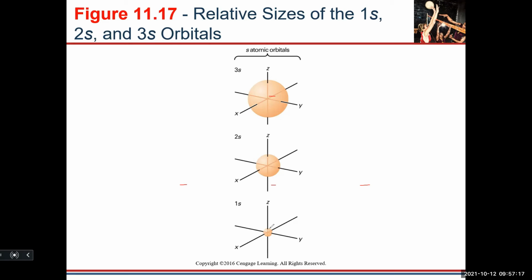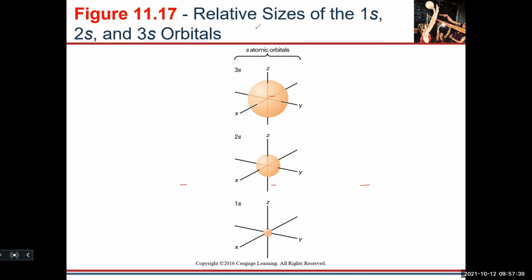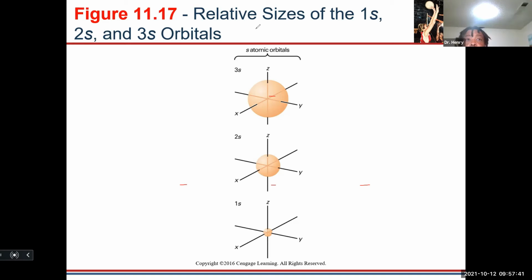So 1s would fit inside of the 2s, the 2s would fit inside of the 3s, and the 3s would fit inside of the 4s. It's just like another layer added on. Doesn't that doll get bigger the more layers we have? Yes. So we would expect the atom to get bigger the more layers it has.